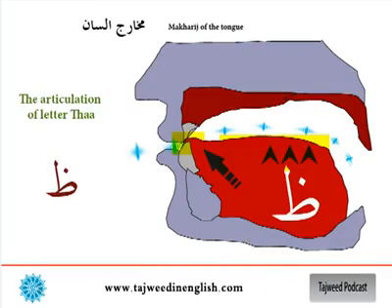The letter Dha has a full mouth, tafkhim, and isti'la, so when we sound it, it is a very heavy letter. Dha, Dha, similar to Dhal.